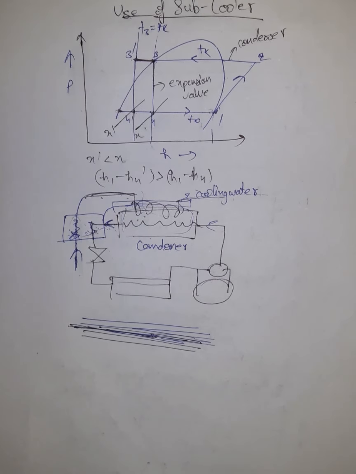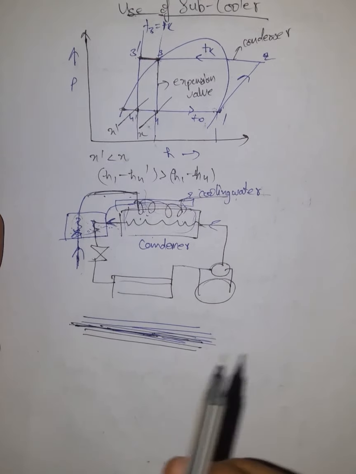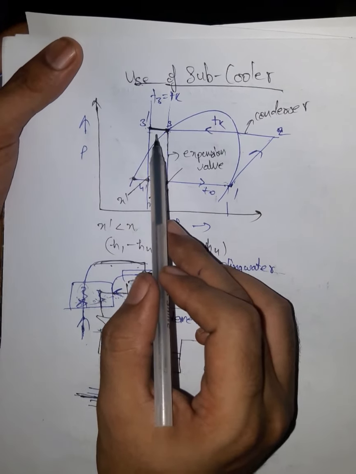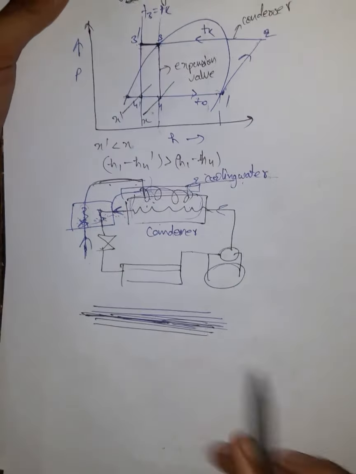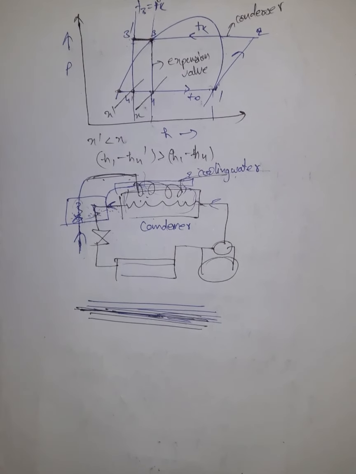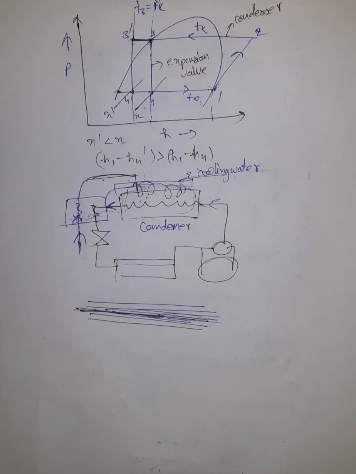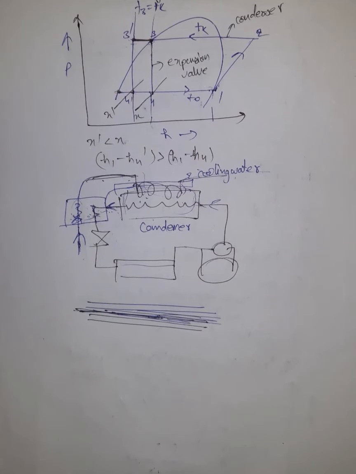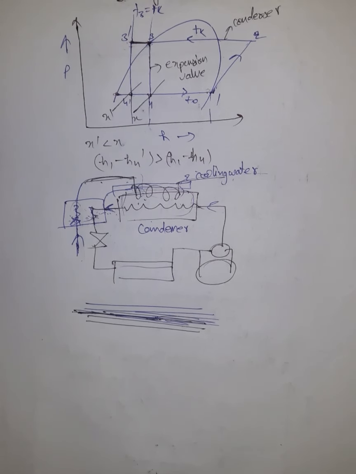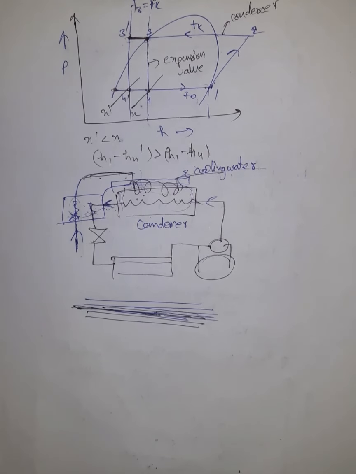That means the temperature drop below the saturated liquid line would be small if we install these in a parallel manner. And other than this, there would be the added cost of the subcooler, and pump work would also be required for circulating the water, so that will increase the cost.